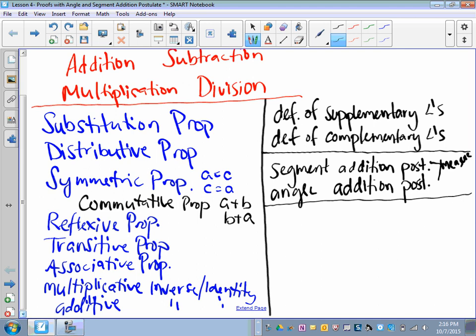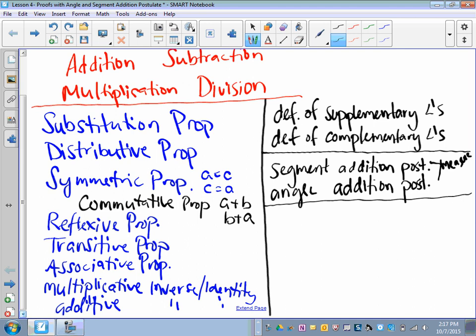First of all, let me ask you, what does it mean if we have a midpoint? It is in the middle of the segment. What does that tell us about the two pieces? Right, it gives us two congruent segments, meaning their lengths are equal. So the formal definition: a midpoint of a segment is the point that divides the segment into two congruent segments.